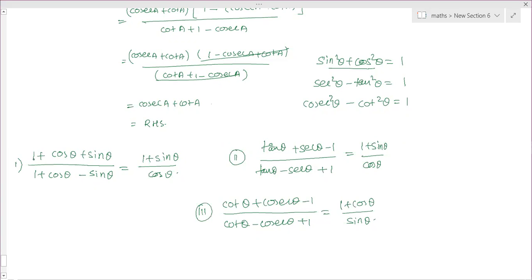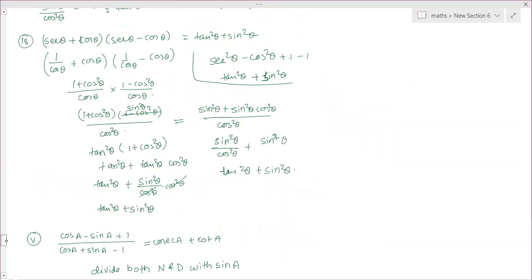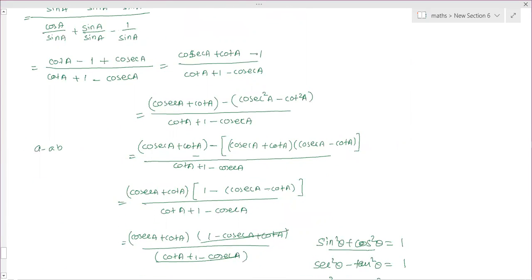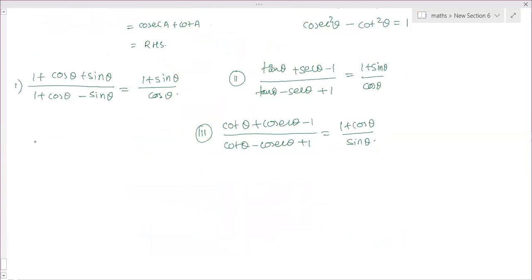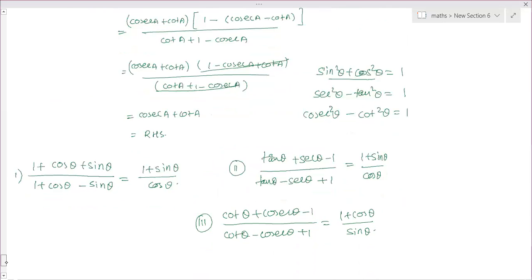So number 1, we have replaced in the earlier question what we have done here. The value of 1 we have substituted in terms of cosec square minus cot square, and we have factorized further so that we can take the bracket common. Same part can we do for sine and cos if 1 is replaced in terms of sine square theta plus cos square theta?